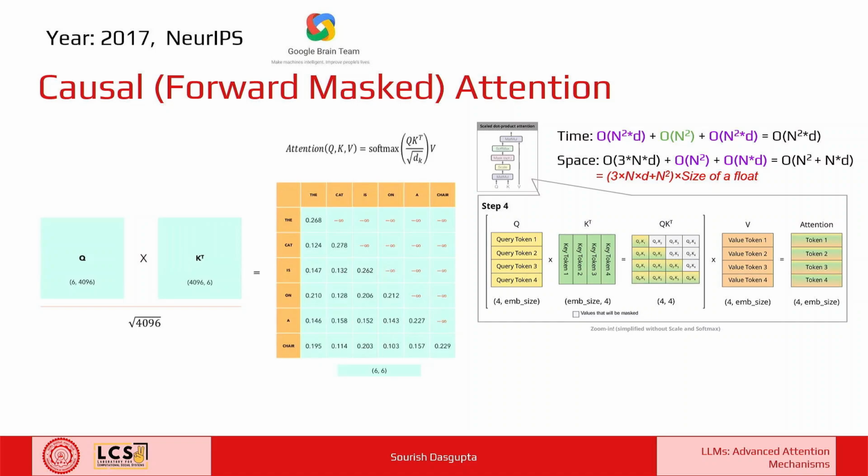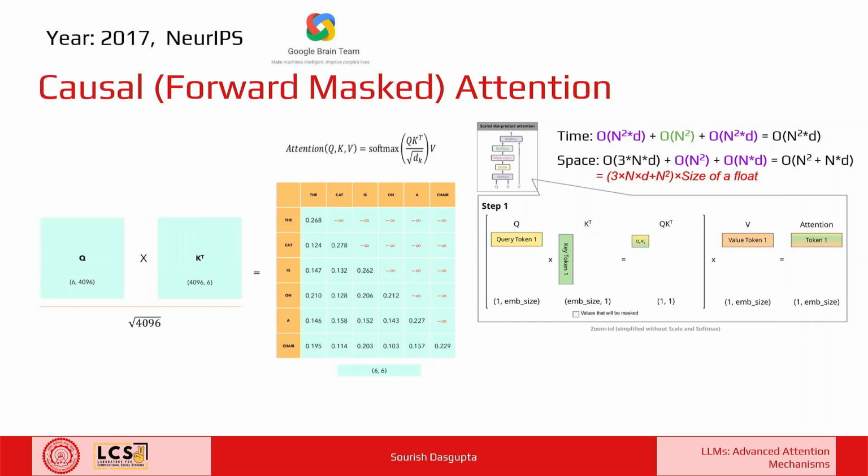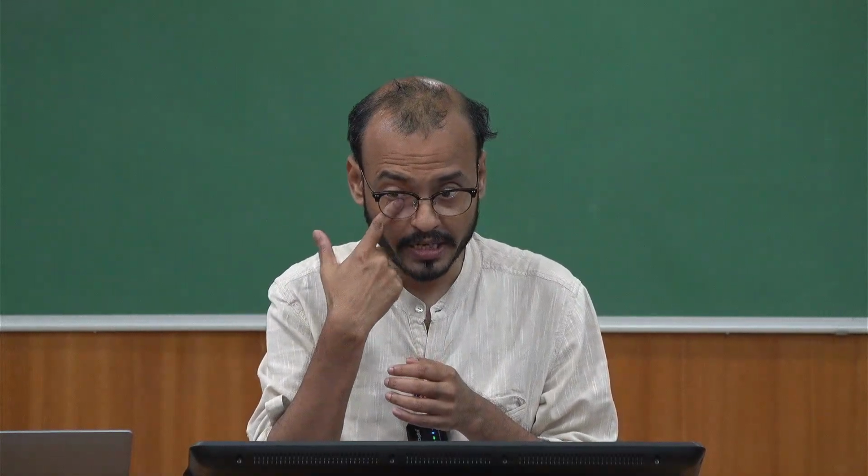Now when you look at a causal attention, which means if you're looking only at the decoder of the transformer, or a decoder only transformer based model like GPT style models, you'll see that you have something called forward mask. I guess you have already studied this probably, but just again a very quick recap. So in some loose sense it is called causal. Why?